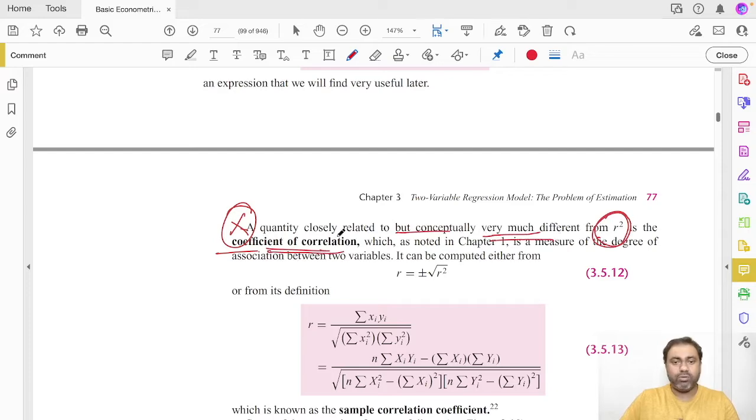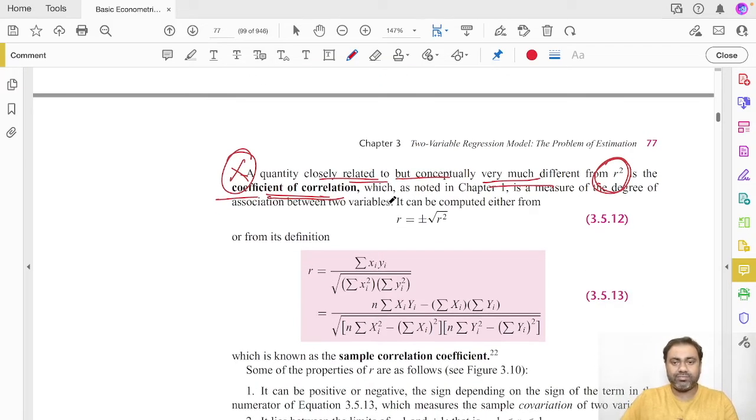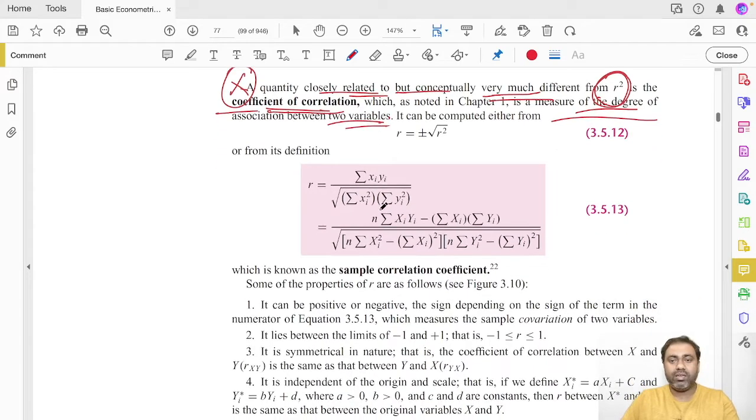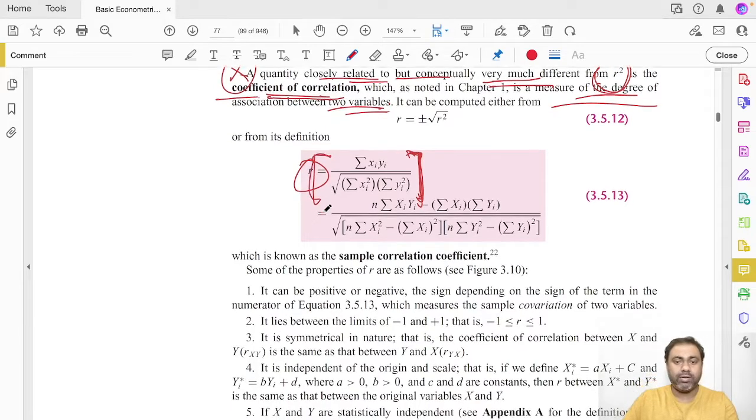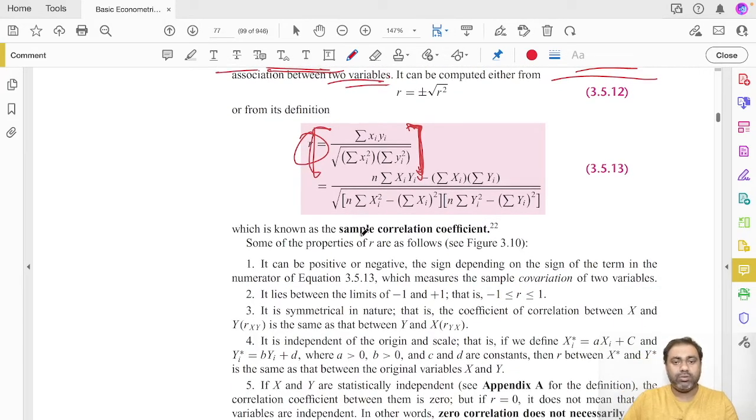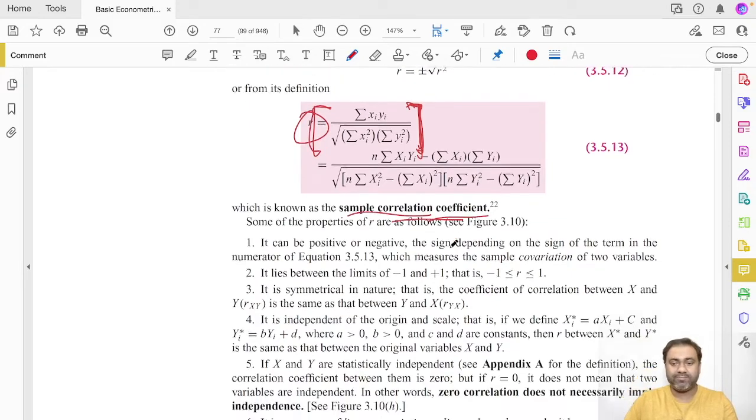Very much different, closely related, so how is this different? Degree of freedom, measure of degree of association between two variables. It can be computed, or the definition is given, and again you must know how to calculate this formula, which is known as the sample correlation coefficient.